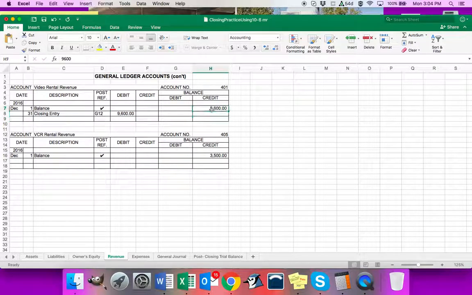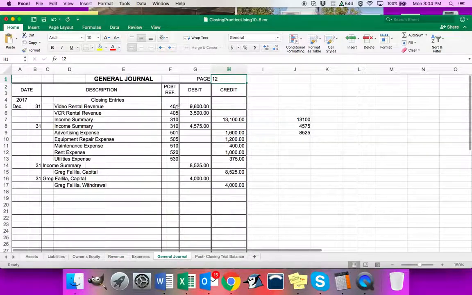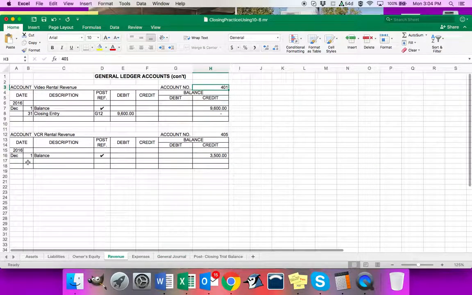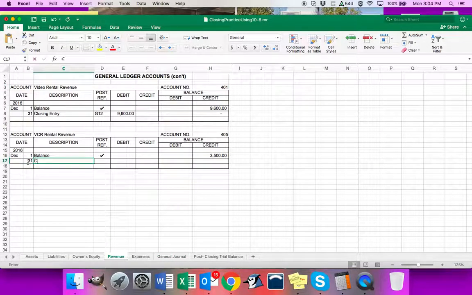Since this has a credit balance of 9,600 and we debited it, we now have a 0 balance. This was account 401, which you got correctly. Then you go down to VCR rental and we debit for 3,500. Again, 31st, closing entry, G12, debit 3,500, giving us a 0 balance.